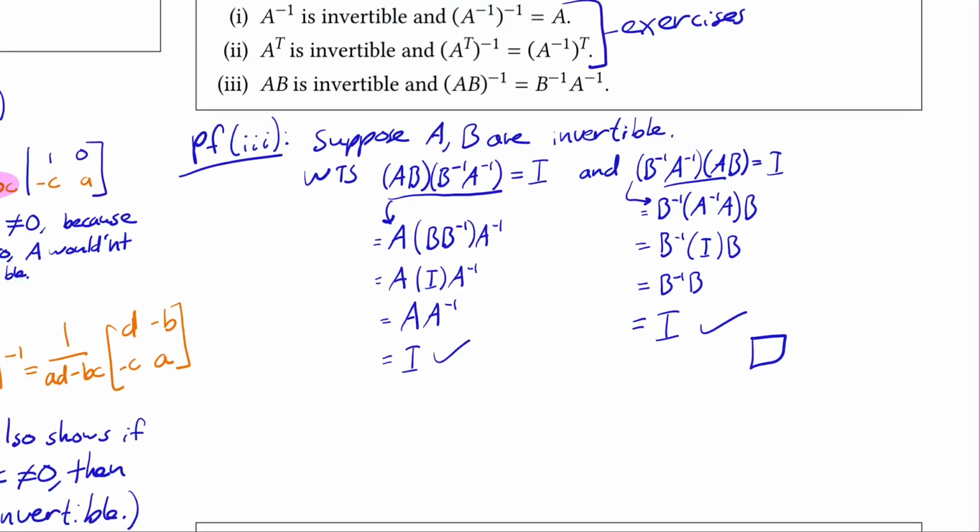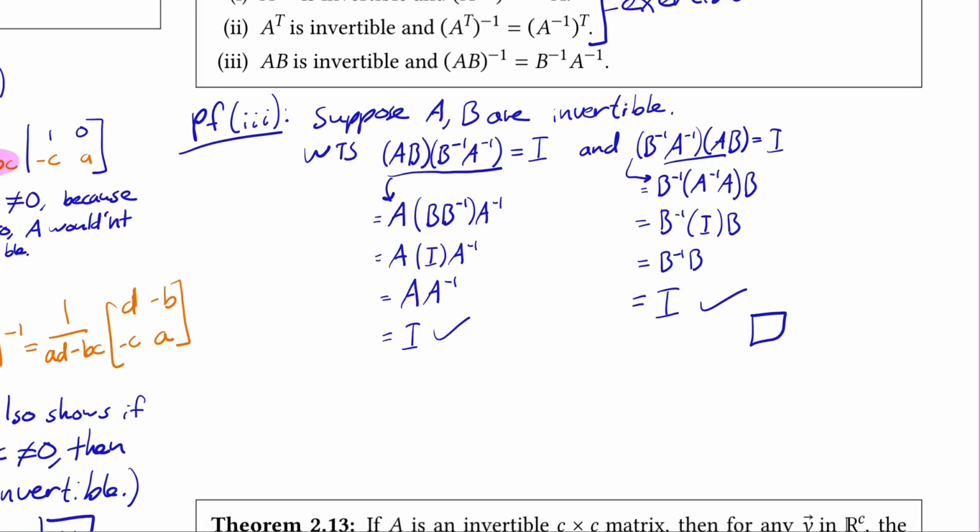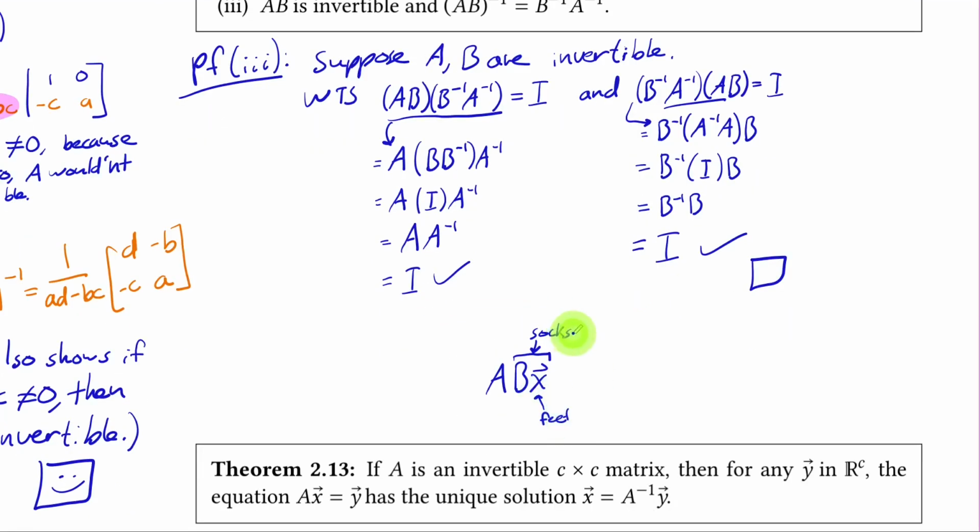Okay, the way I like to think of this is that when you take a transformation A times B and apply that to a vector x, I like to think of this as putting on your socks and shoes. The thing that gets done to x first is you're putting on your socks. And after you have feet with socks on them, you can then put on your shoes.